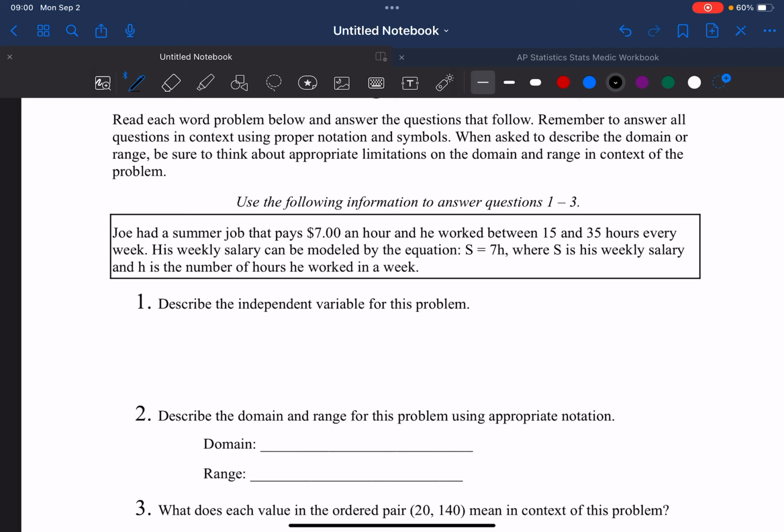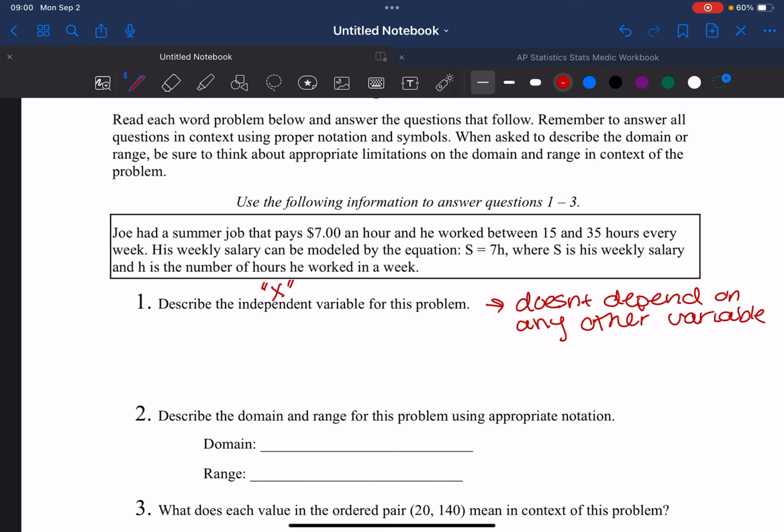So our independent variable is always going to be our X variable. So this is like our X, and I'm going to put over here, doesn't depend on any other variable.